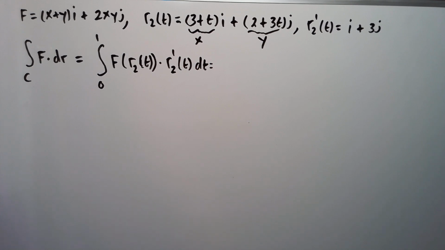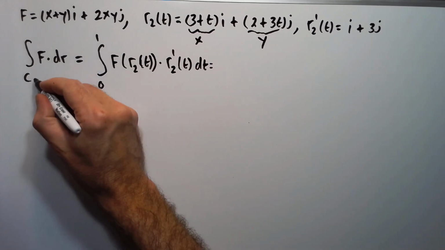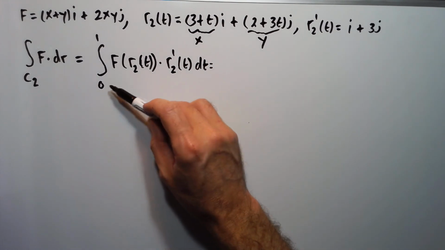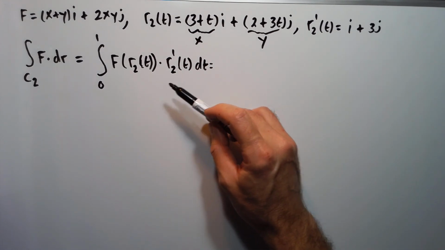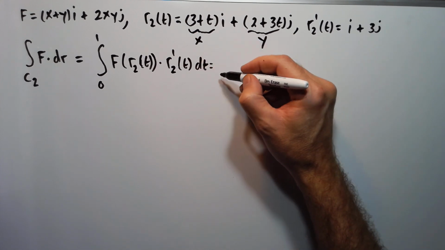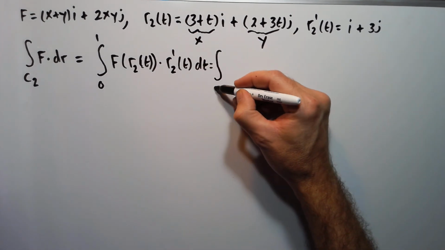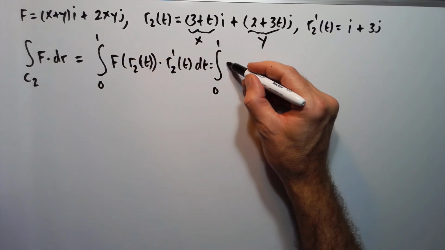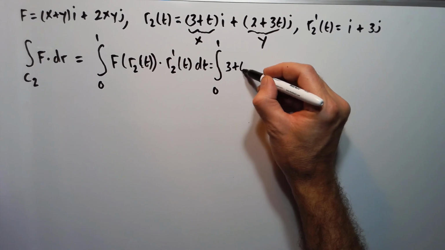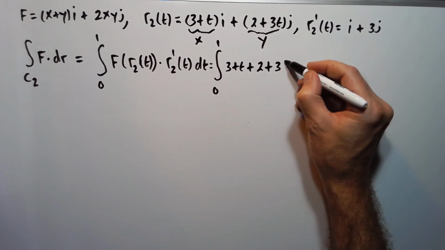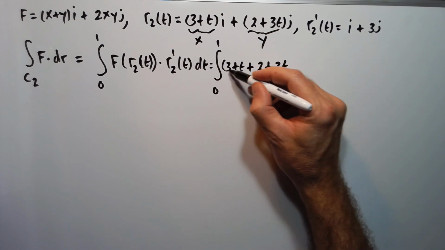Okay, let's do our C2 now. Here's my R2 and R2 prime. Here's the definition of the line integral. Again, 0 to 1 because we parameterized a line. Here's my x and y. So it's going to be the integral from 0 to 1 of x plus y, adding those two, so it'll be 3 plus t plus 2 plus 3t. That's in the i direction.